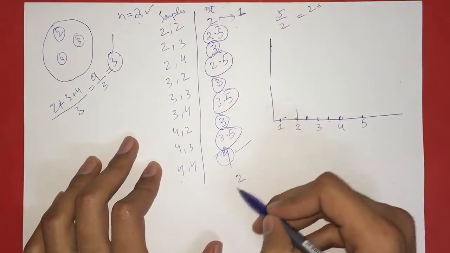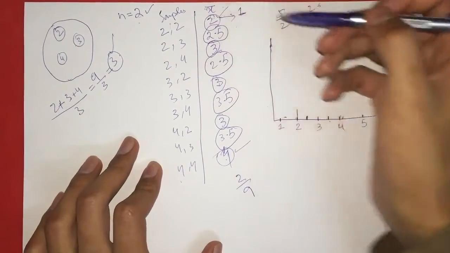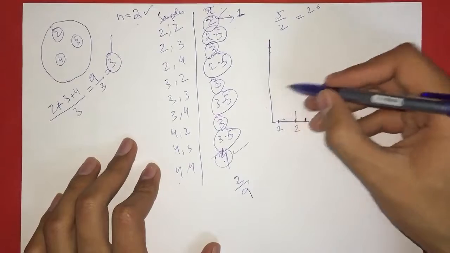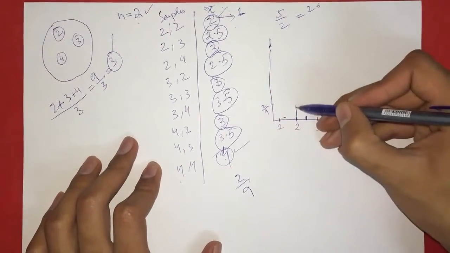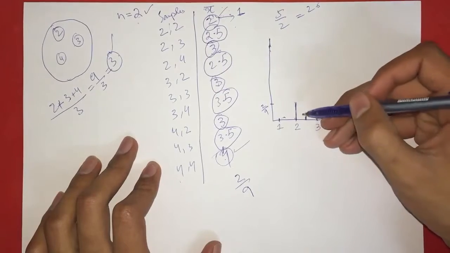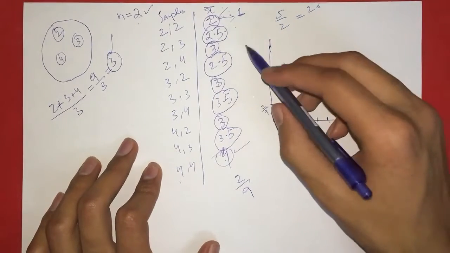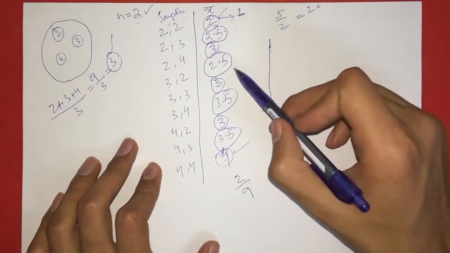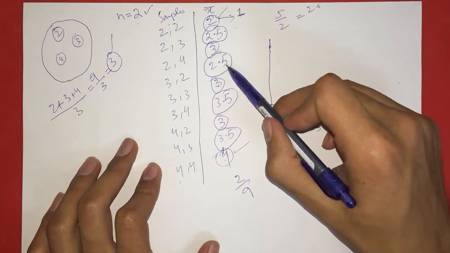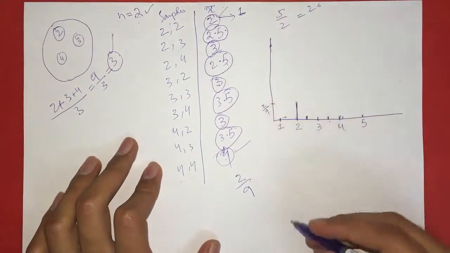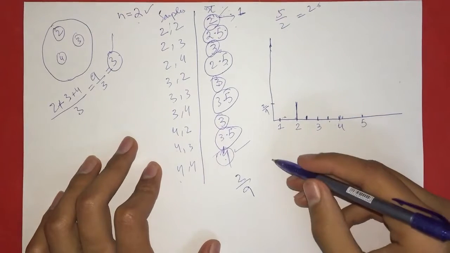So that means 1 by 9 is the frequency of this sample mean, and it's repeated just once. Then we have 2.5. So 2.5 is actually repeated 2 times.